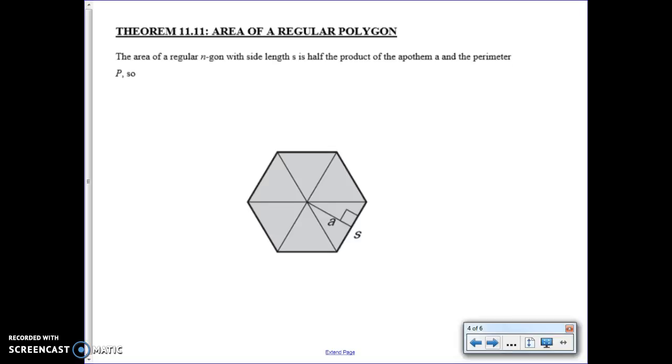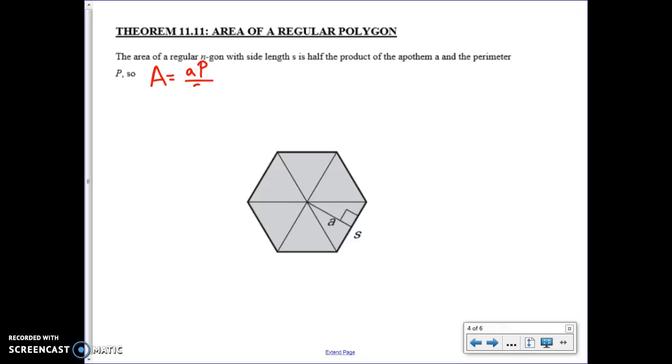Okay, the area of a regular n-gon with side length S is half the product of the apothem A and the perimeter P. So we have area is equal to half of the product of the apothem times the perimeter.